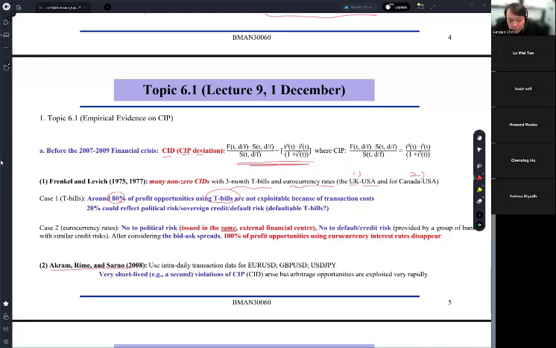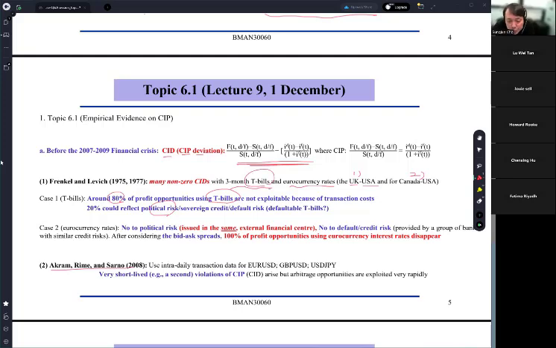So you have to convert your own money into foreign currency and buy the foreign currency T-bill in that country. When you do that, you have to worry about the political risk of the foreign country, also the domestic country, and you also need to worry about sovereign credit or default risk with this T-bill.